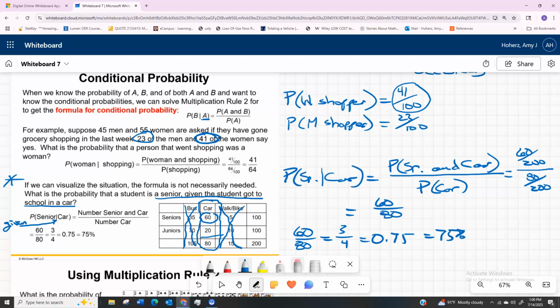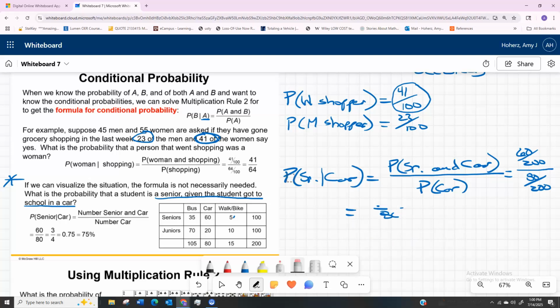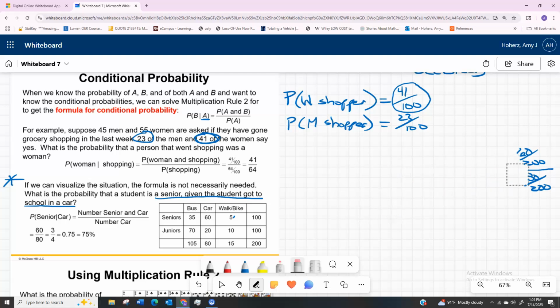Let's do another example of that using my method. As I said, this is how I like to give it on the exam, so let's do another practice problem. So I'm going to do a whole different problem. Now, the given can either be the way that they get to school, or it can be whether they're a junior or senior.